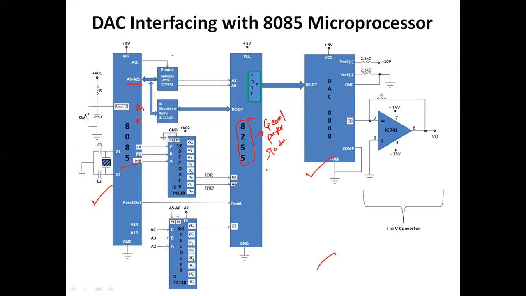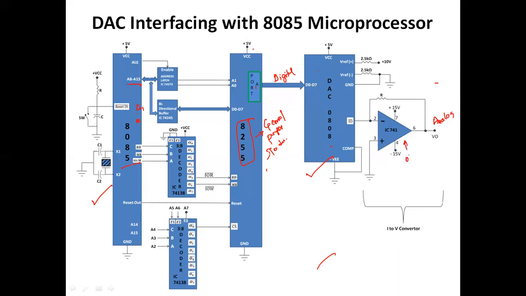Here the 5 volt power supply is given. In port A, we give the digital signal to the DAC converter, and we collect the analog signal from here.